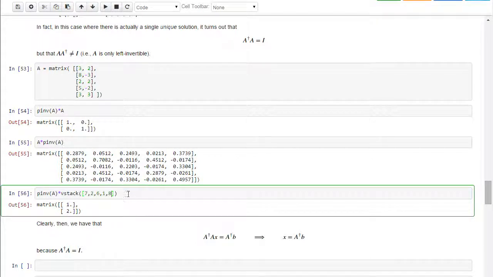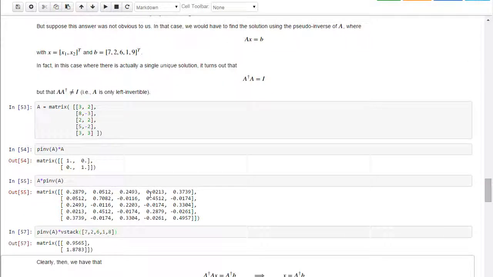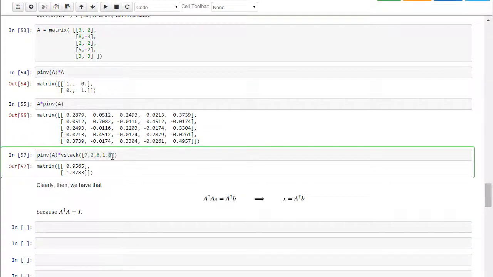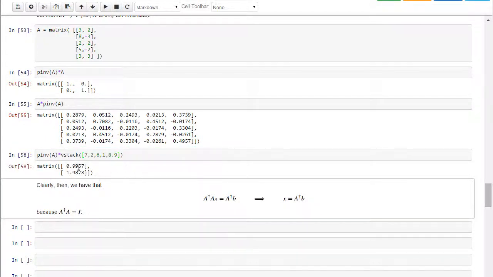Okay, and if we do the same thing again, then now we don't get the 1 and 2, but notice we still are sort of in the same area there. As a matter of fact, let's not make it so severe. Let's make it, say, like an 8.9. And you can see very close to that 1 and that 2.